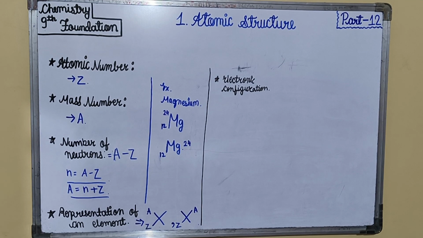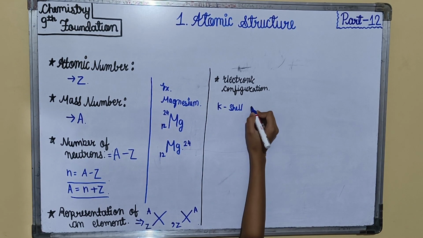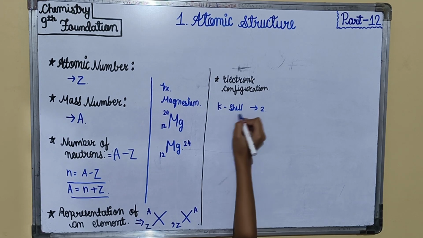First rule: the maximum number of electrons which can be present in any shell of an atom is given by 2n square, where n is the shell number as counted from the nucleus. On the first shell, that is called the K shell, the maximum number of electrons is 2.